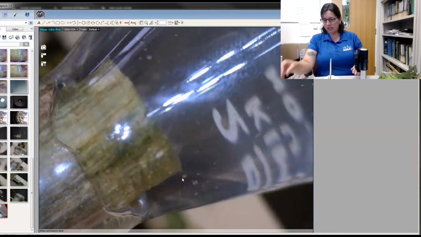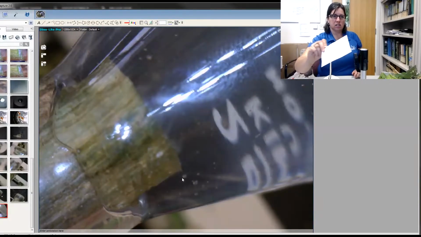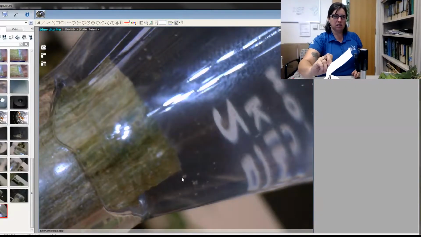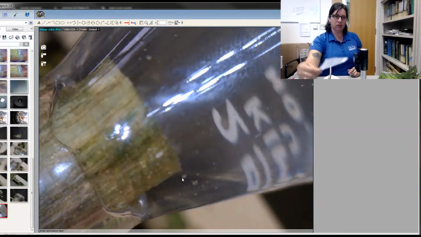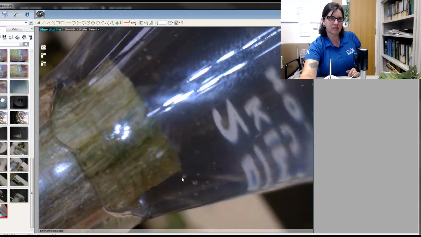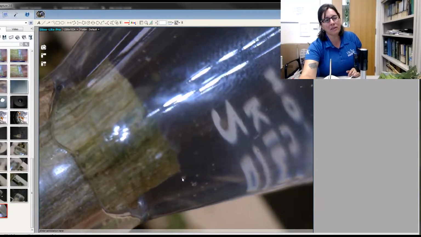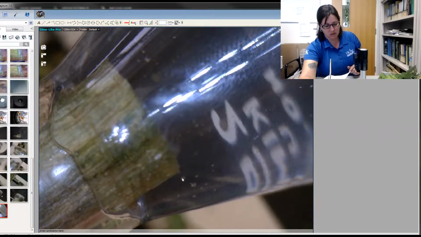And I know there's a glare. Lighting is really a challenge. So this is a glass container that was scratched, and if you were here looking at it, you couldn't tell it was scratched. But when you start working with these lights and these cameras, it really becomes more difficult.